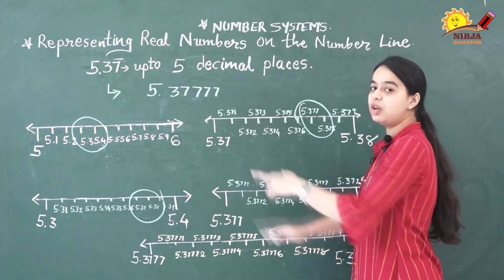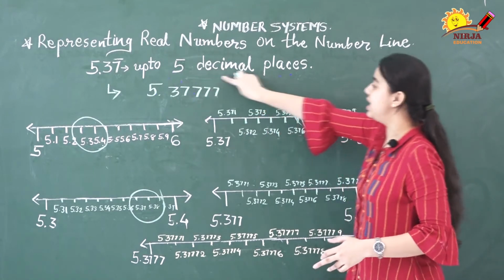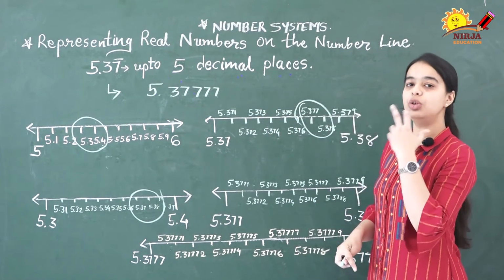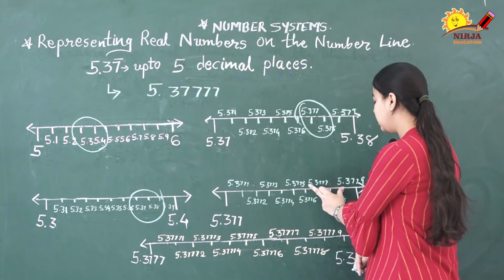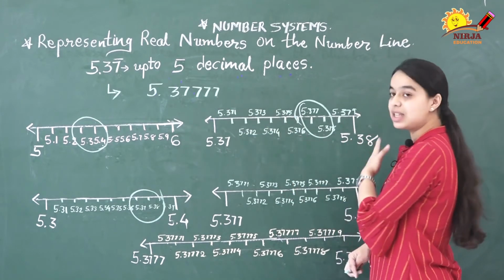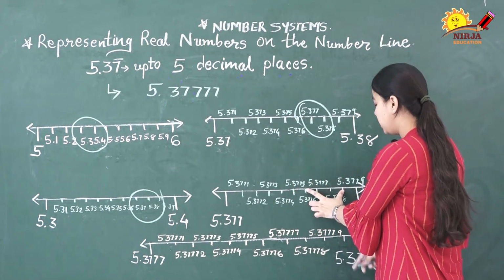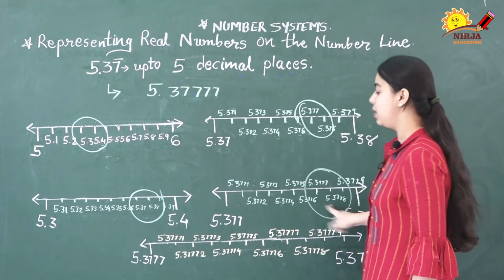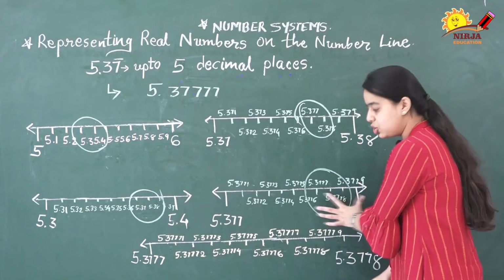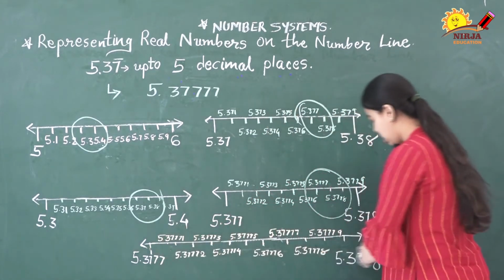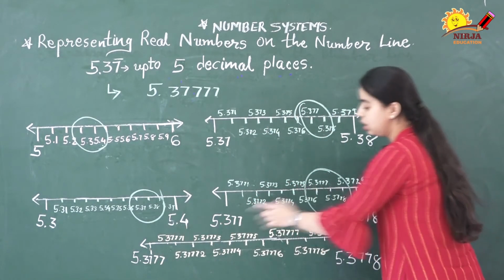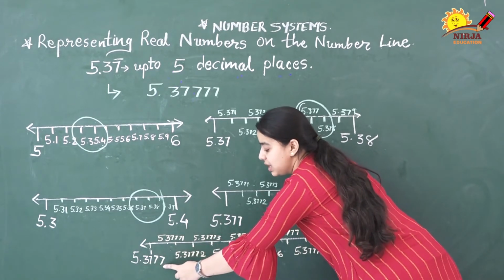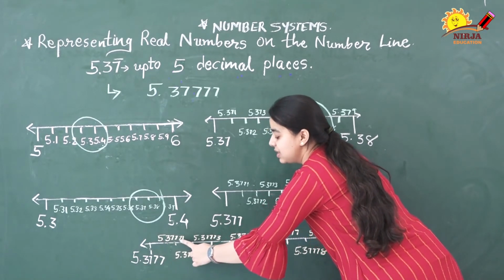But in the question we were asked to locate up to 5 decimal places. So we need to do one more number line. 5.3777 lies between 5.3777 and 5.3778. Again I have taken only this portion and drawn a separate number line for it: 5.3777, 5.37771.